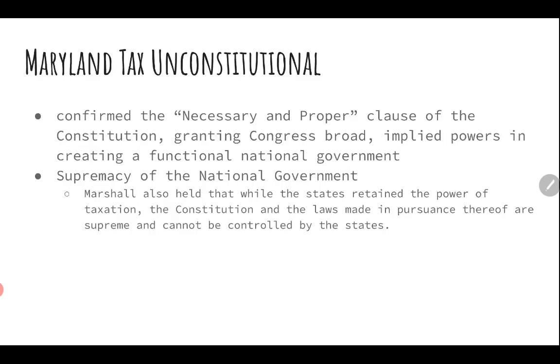I'm just going to let you read it. But essentially, he's going to confirm the necessary and proper clause of the Constitution. He's going to grant these broad implied powers, and he's going to say that the national government is supreme. And so he's going to uphold the national bank, and he's going to say that Maryland cannot tax the bank.